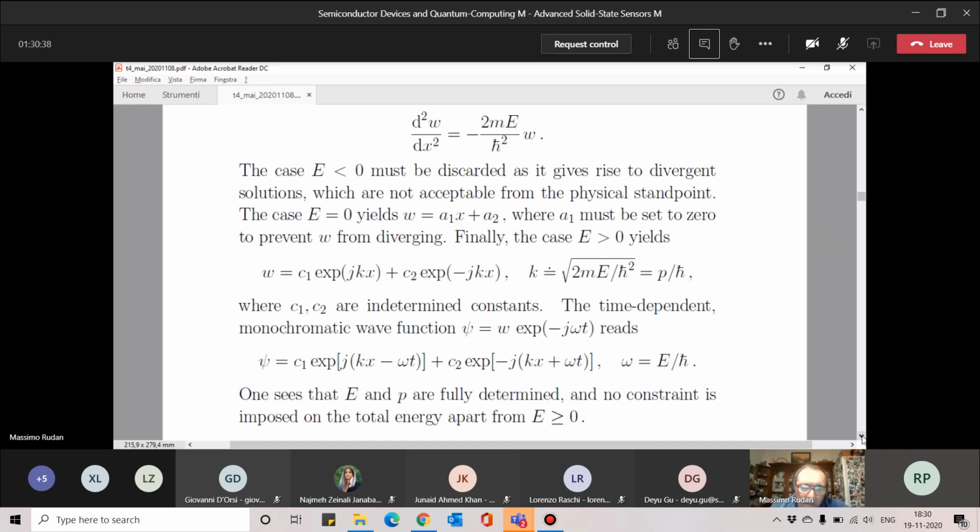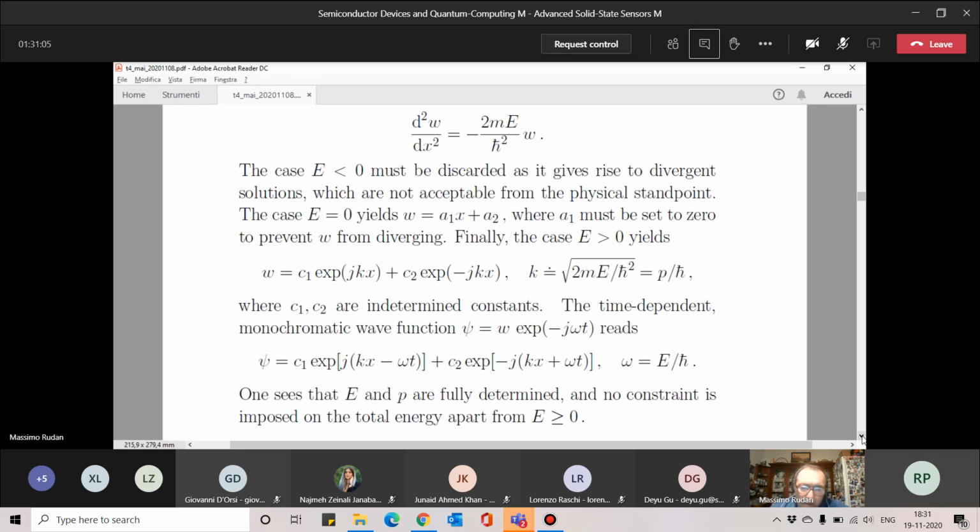And we don't have any method for determining them because there are no boundary conditions in this equation, okay? W does not go to 0 at infinity. It's just the same everywhere, okay? So it is non-normalizable, and we do not have any possibility to find the two constants.